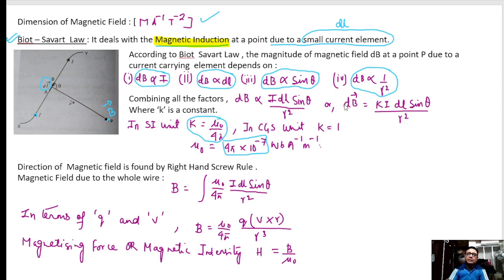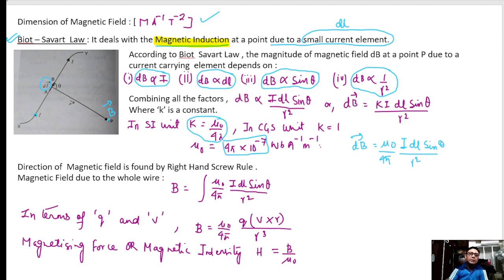So the magnetic field here, I can write dB will be equal to mu 0 by 4 pi, I dl sin theta by r square. This is what we are getting.